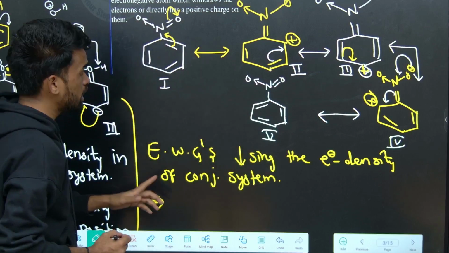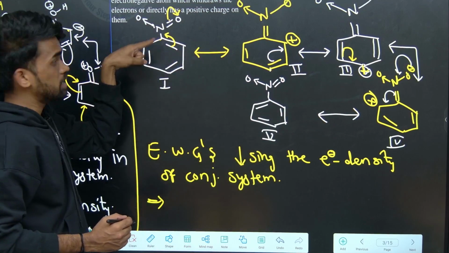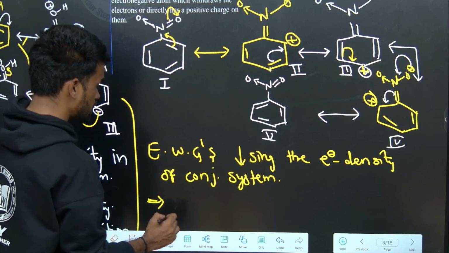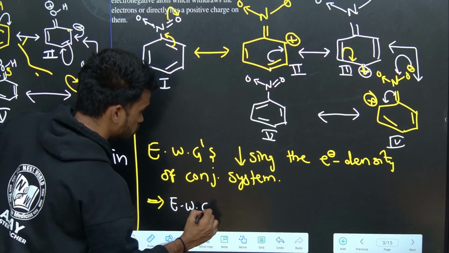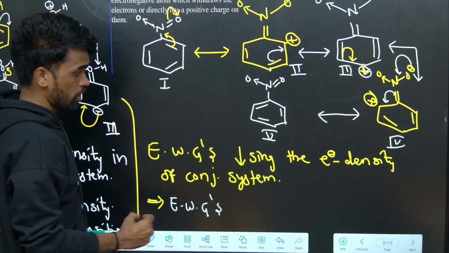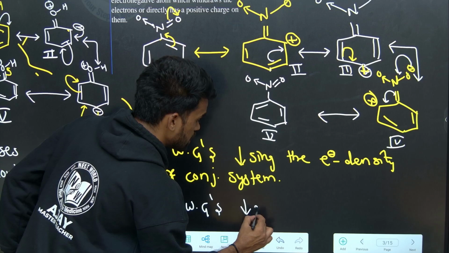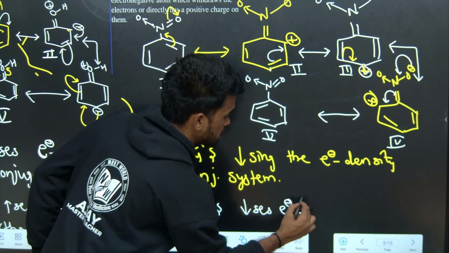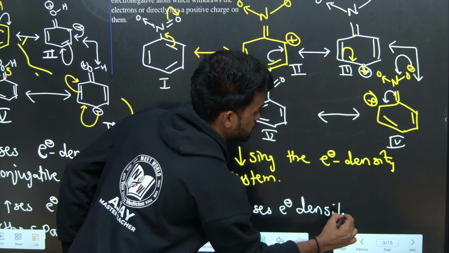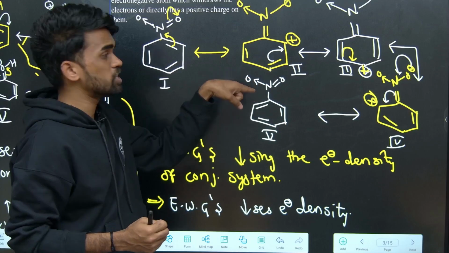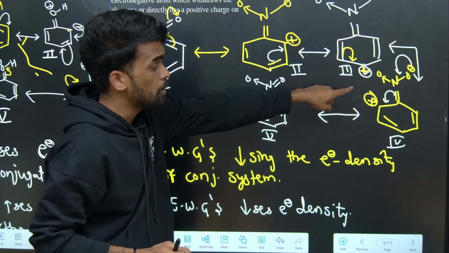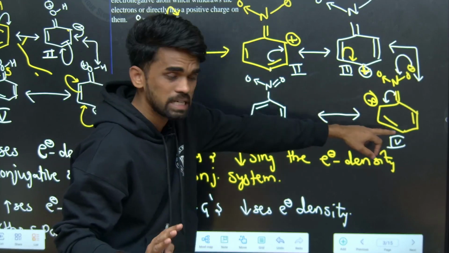Okay, so now when it comes to the benzene ring, this phenyl ring, what we can write? Electron withdrawing groups decrease electron density, especially at what positions on the benzene ring? At ortho and para positions only, there is no effect at the meta position.